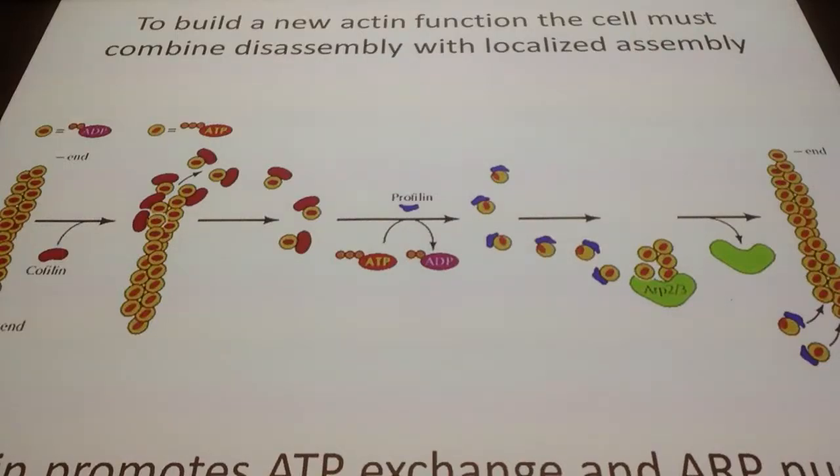G-actin that is bound by an ADP cannot be used for polymerization. G-actin that is bound by an ATP can be used. Now here's the deal. If an ATP-bound G-actin is used and it adds here, what happens is that eventually that ATP will get hydrolyzed to become an ADP.